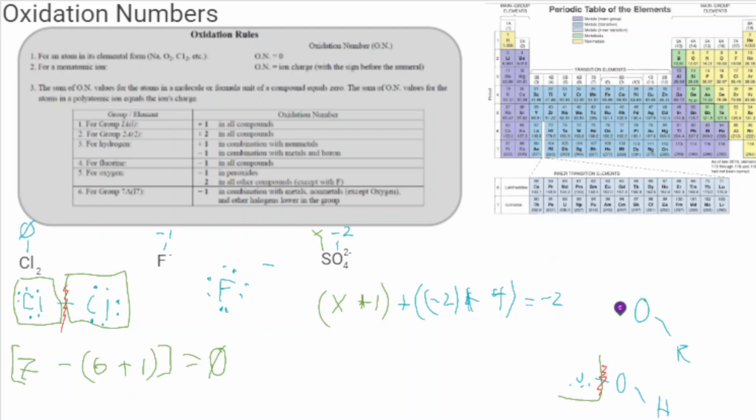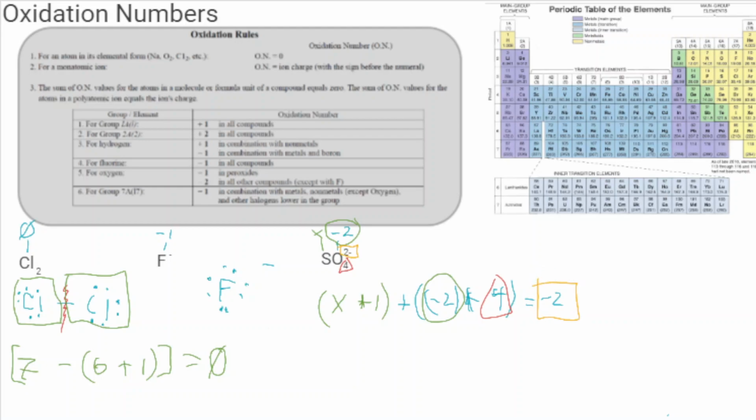I'm going to go ahead and put some shapes on here to help y'all figure out where things are pulling from. So we have this 4 here. We have the oxidation number of -2. And then finally, we have our charge. And this is where that is coming from. All right.